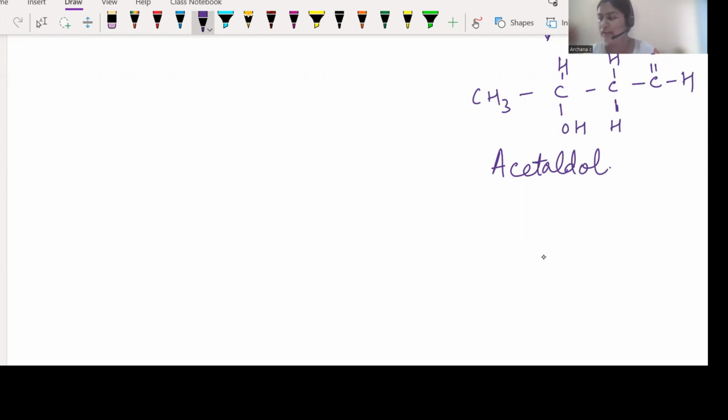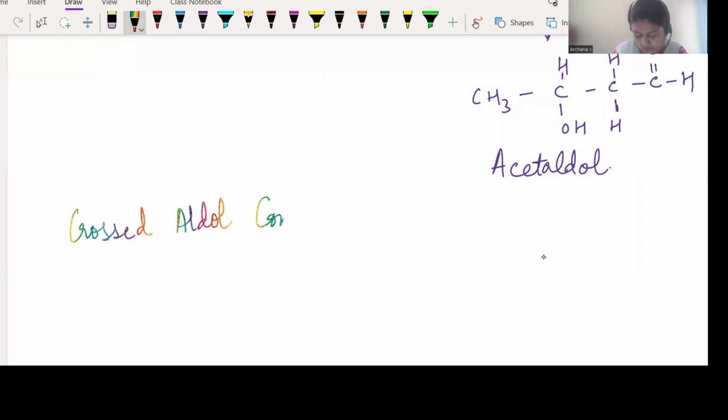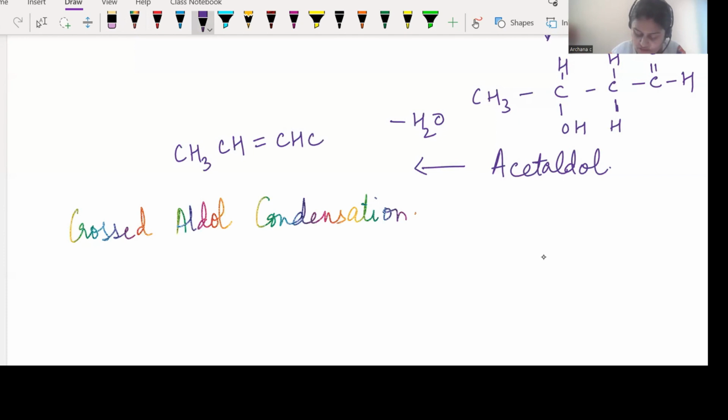So let us take one example of cross aldol reaction. But what I wanted to say in the above step before we proceed is, if we have removal of water, then we can get CH3, CH double bond CH, this kind of alpha beta unsaturated compound.